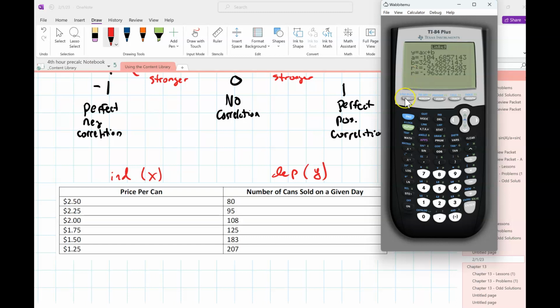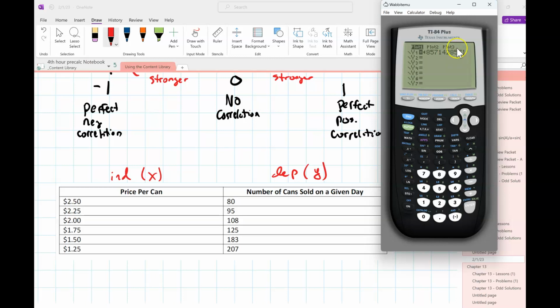Let's go back and look at the y equals menu real quick. Because I picked to store the regeq, the regression equation, in y1, notice in y1 the calculator has already automatically put in that equation that it told us about, including all the decimal places. I didn't have to type any of that in. I got it all for free. That's nice, because that was a lot of decimal places to write down and then type back in.